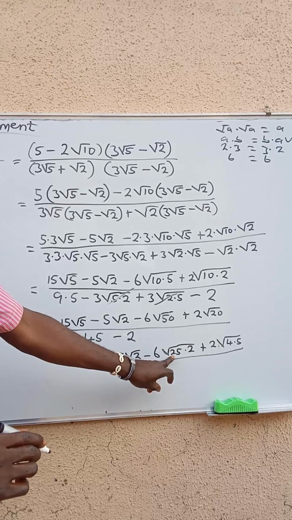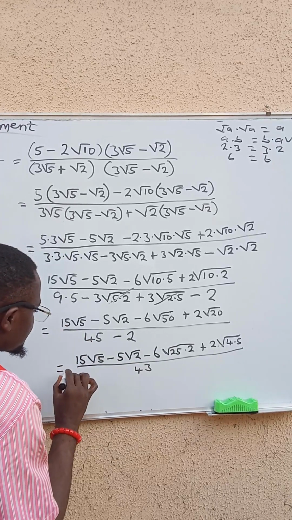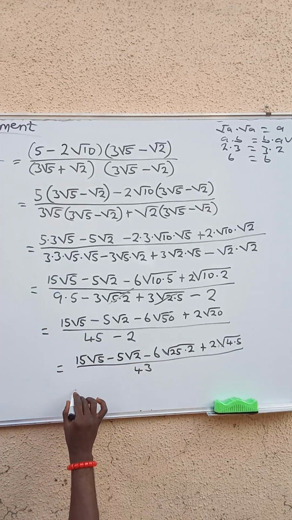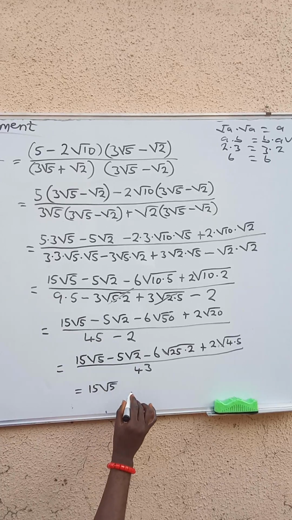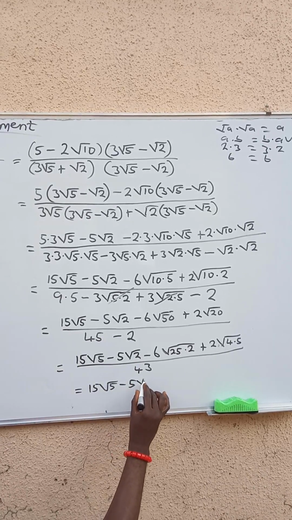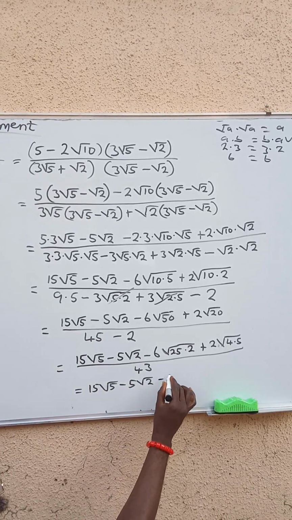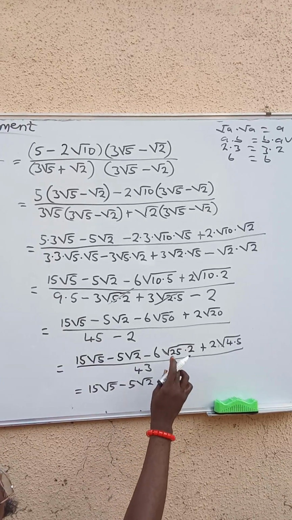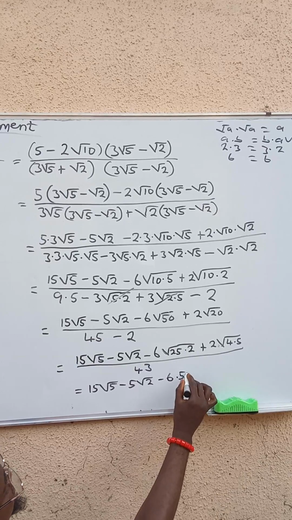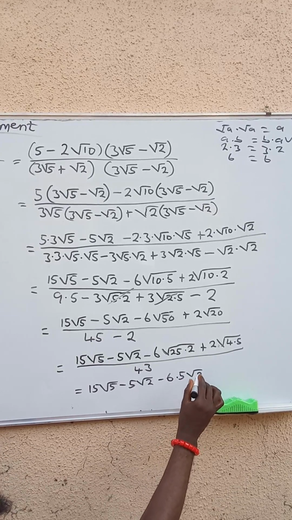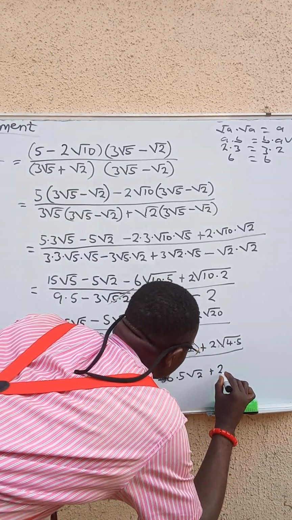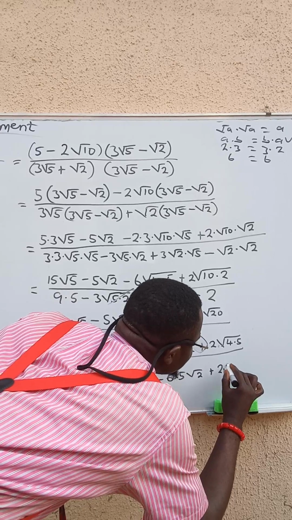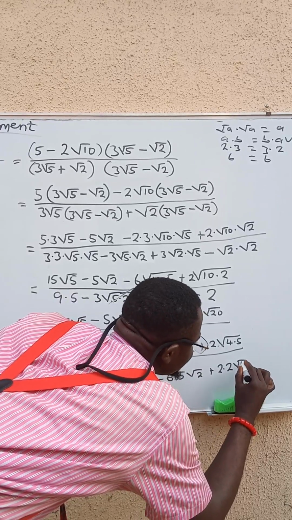This will now give me what? I want to solve it straight here. So now I have 15 root 5 minus 5 root 2 minus 6 dot 5 root 2. Somebody will ask, plus 2 dot 2 root 5.